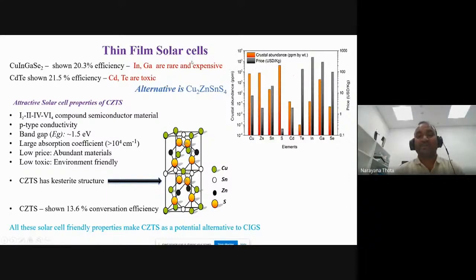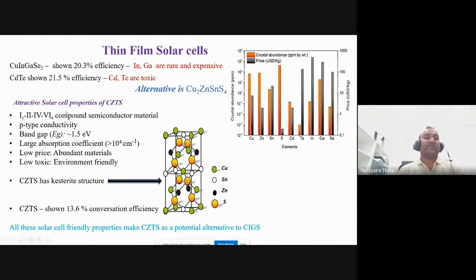If you replace indium by zinc, the availability of zinc is very high and the cost is very low. If you replace gallium by tin, availability is high and cost is not too high. So this is called copper zinc tin sulfide.